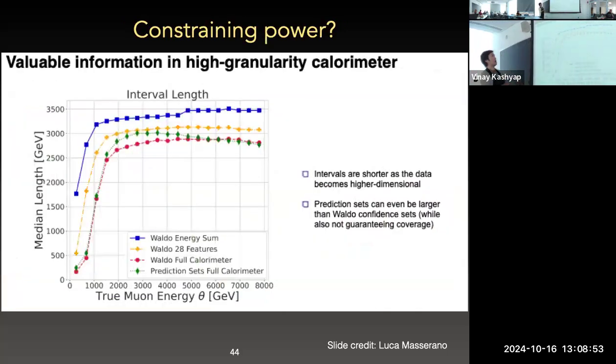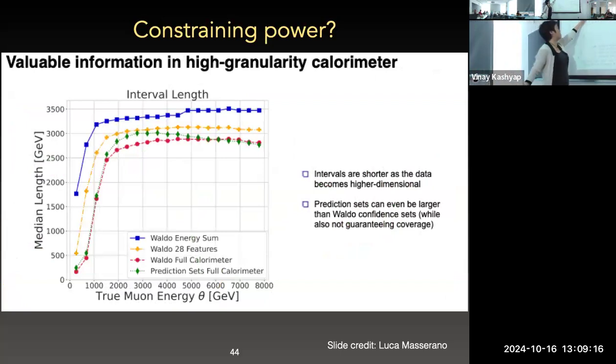And how about constraining power? Is high granularity in the calorimeter valuable information? For constraining power, we look at the size of our confidence set. Actually, I think we look at the median interval length as a function of energy. So smaller is better. The blue shows you if you just use one slab, this is the constraining power, what is the median interval length?